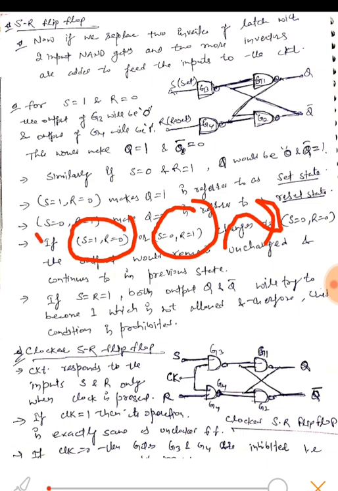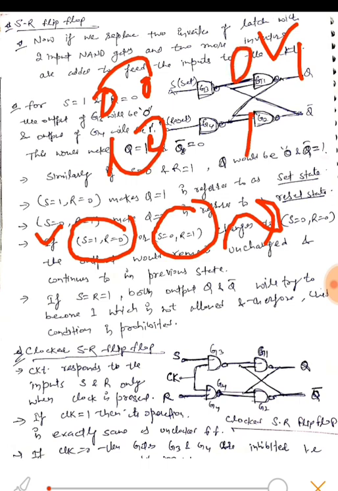If for S is equal to 1 and R is equal to 0 our Q value was 1, now if I change both inputs to 0 0, it will continue to be 1. And if it was 0 1, and then I change this to 0 0, then Q will continue to be 0 and Q bar would be 1, because for 0 1 it was in reset state.